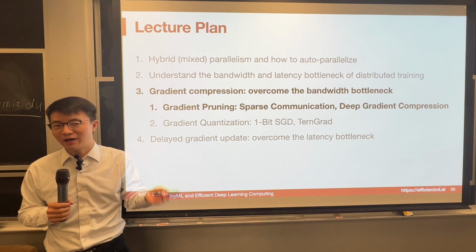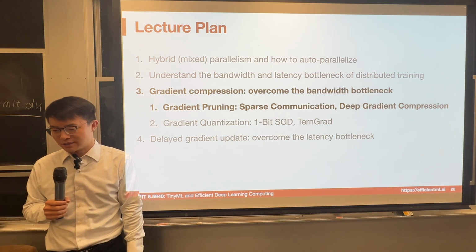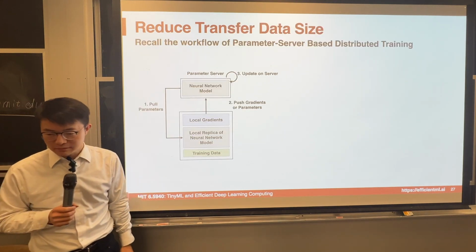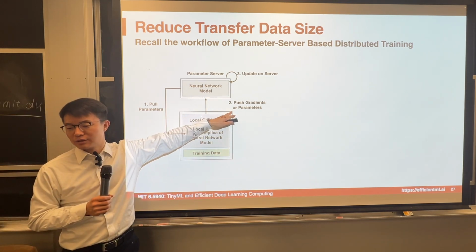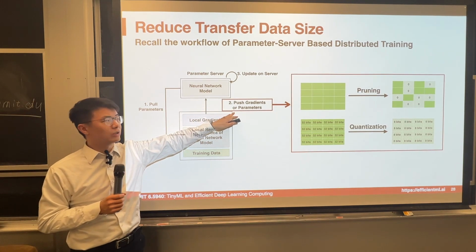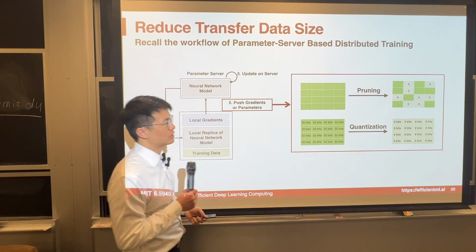So we only keep 1 in 1,000 gradients. Again, the motivation is to reduce the communication, when we want to push fewer gradients or parameters to the parameter server.